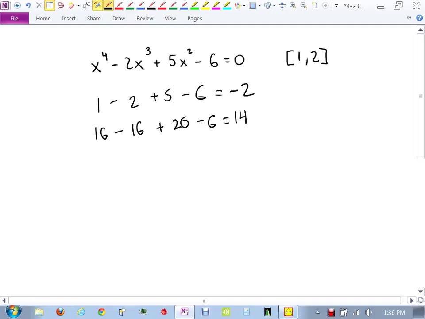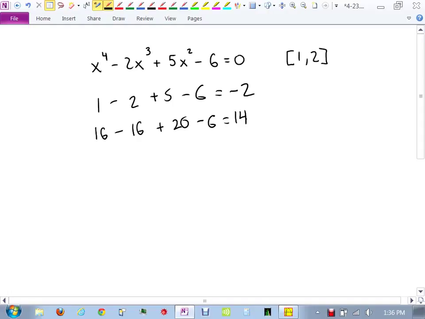So how do I know that I have a solution to that equation between 1 and 2? Drum roll. How do I know between 1 and 2 this equation has a solution? There you go, Elias.